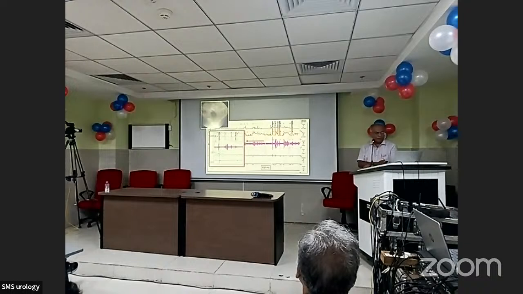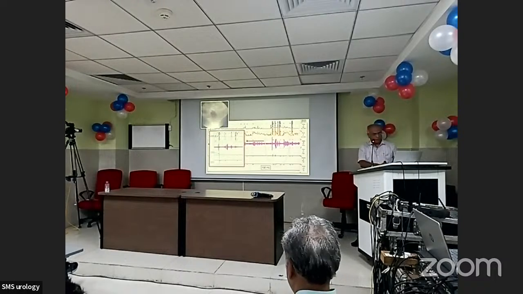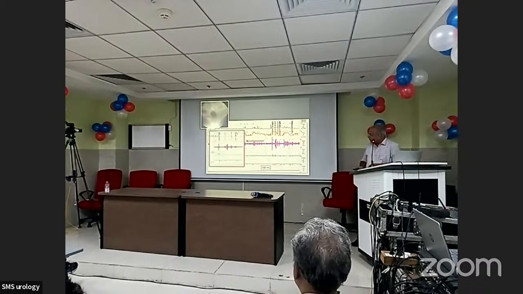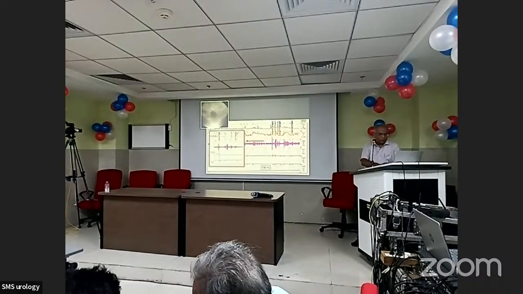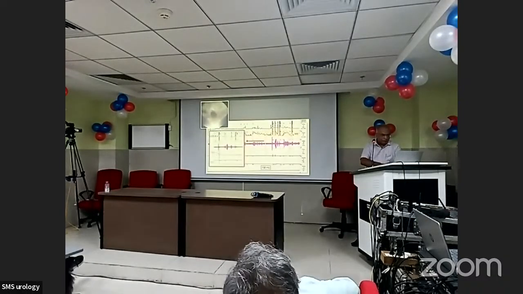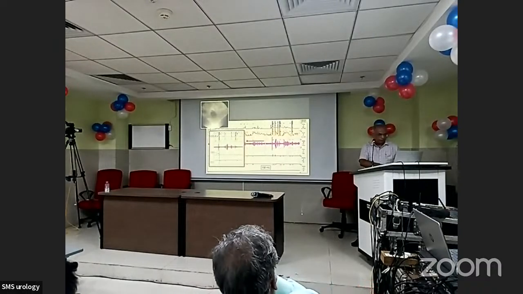In this, first sensation occurred very early. The compliance was normal. The capacity was small, around 172. There was no overactivity documented throughout the study. Now, the part of the graph which we have magnified shows there is leak of urine on two occasions. This leak was documented through contrast emptying in fluoroscopy images.